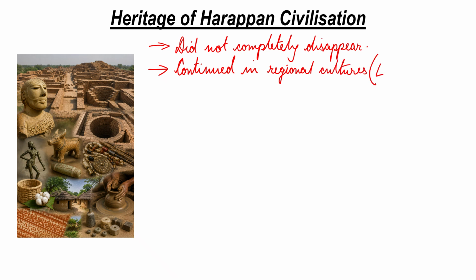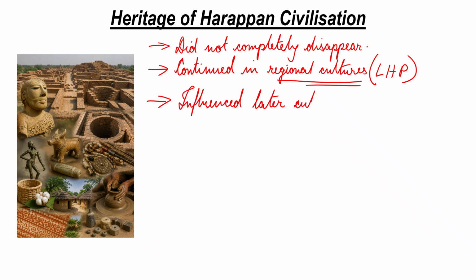This phase is called a late Harappan phase. So these regional cultures had features of Harappan civilization. Practices like baked bricks, pottery, jewelry making influenced later cultures.